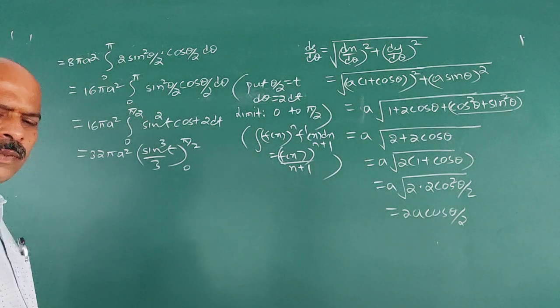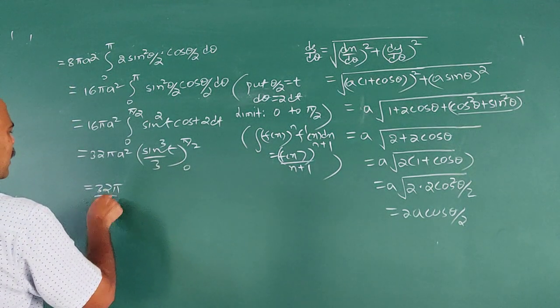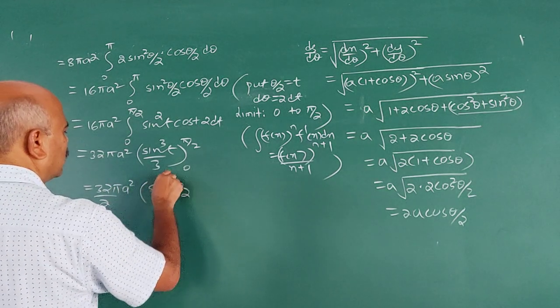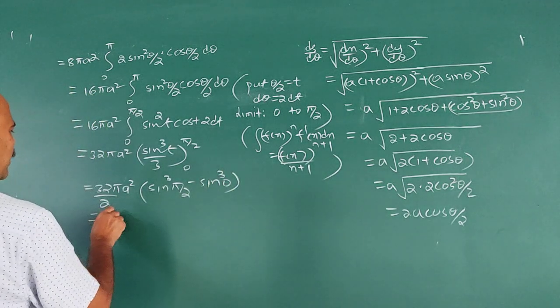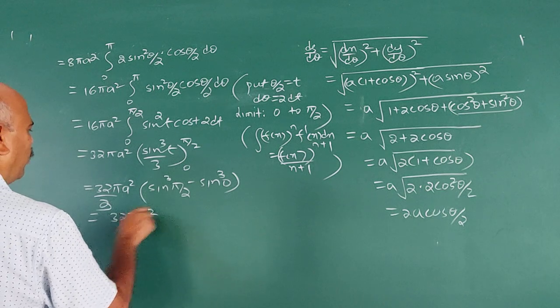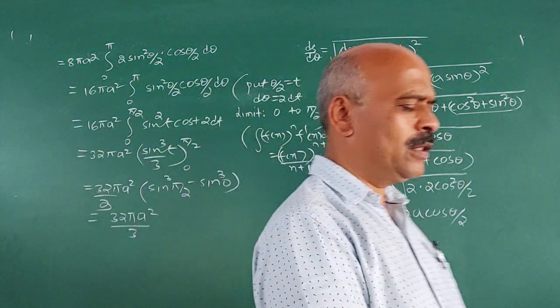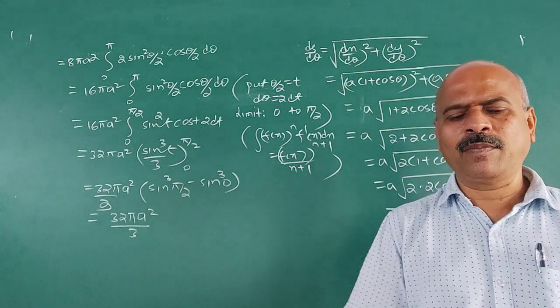Now the limit is 0 to pi by 2. Take the limit: 32 pi by 3 a square, sin pi by 2 cube minus sin 0 cube. It is 32 pi a square upon 3, because sin pi by 2 is 1 and sin 0 is 0. Thus we can apply the formula.